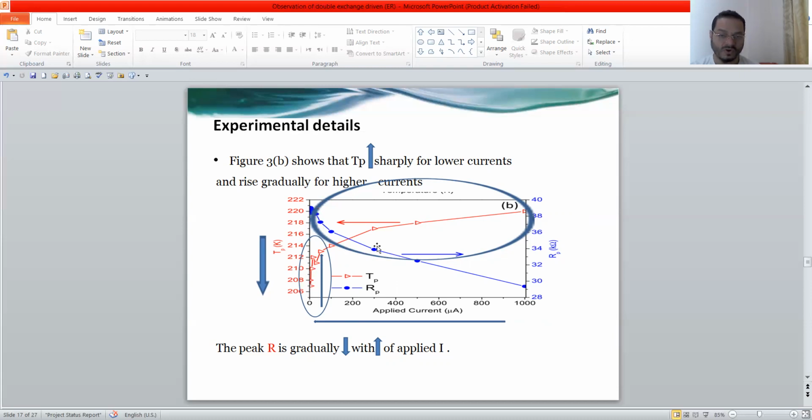At 300 microampere it equals approximately more than 34, and at last at 1000 microampere it equals less than 30 kilo ohm. That's right.